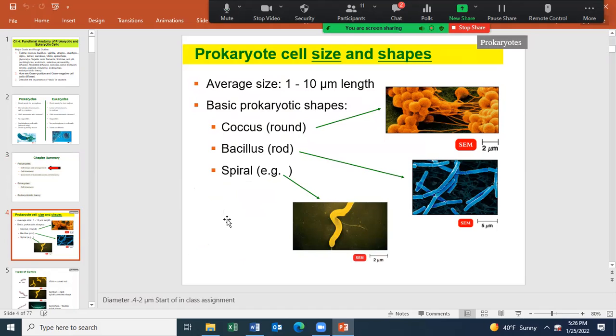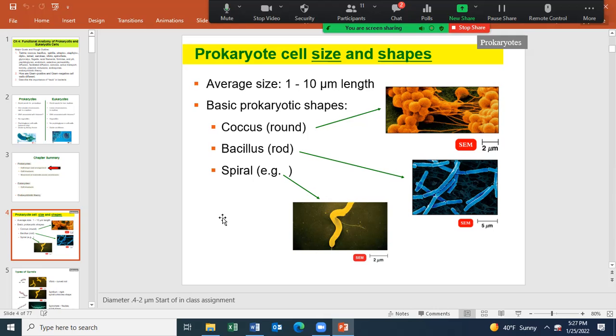Prokaryotes have a specific cell size and shape. They range in cell size. Most of them are 1 to 2 micrometers long, but they can be smaller, as small as 0.4 micrometers, and they can range as large as 10 micrometers.